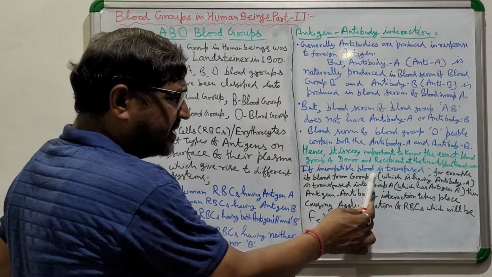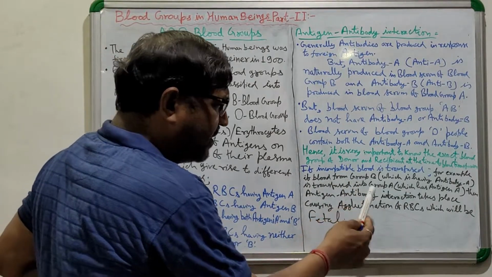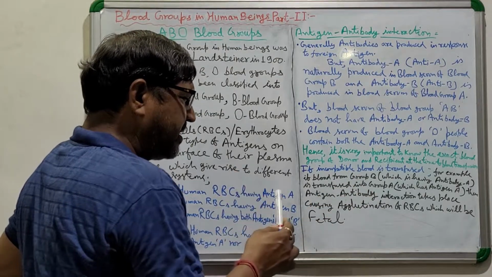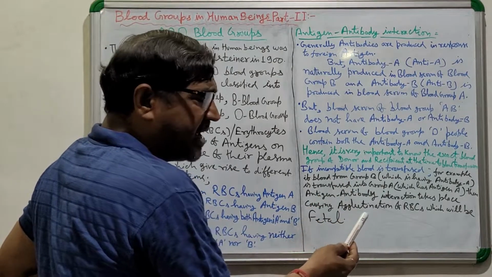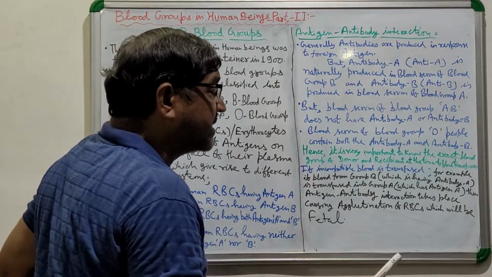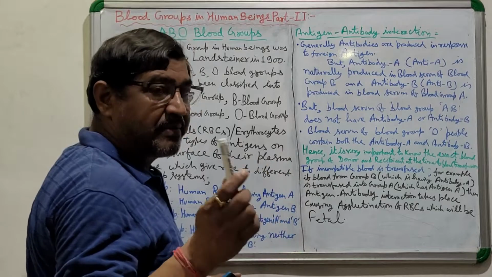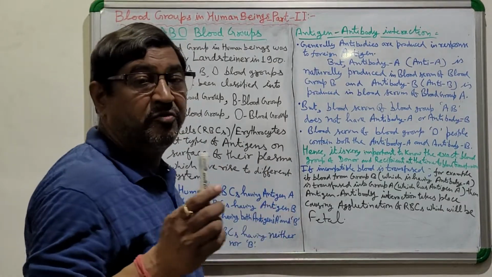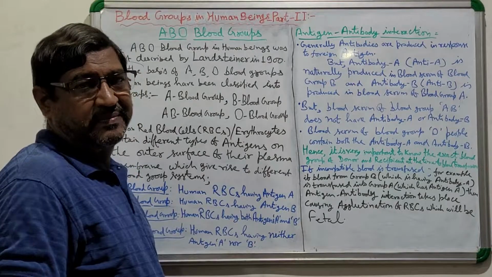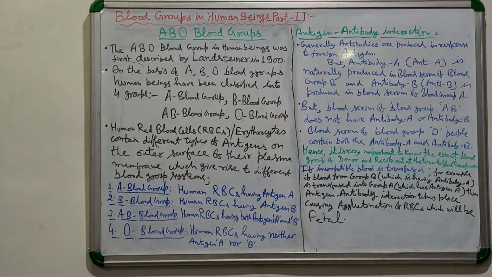If incompatible blood is transfused, for example, if blood from group B, which is having antibody A, is transfused into group A, which is having antigen A, then antigen antibody interaction takes place, causing agglutination of RBCs, which will be fatal to the person. So we must test it, then only you go for blood transfusion.